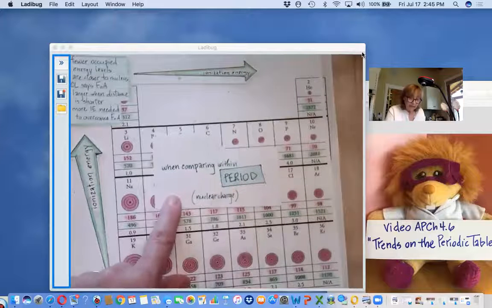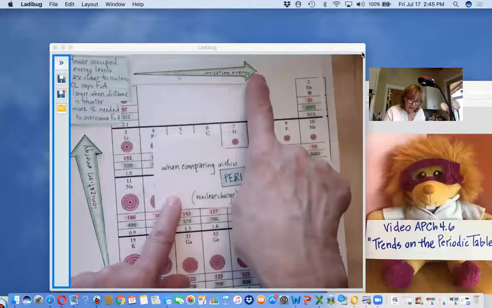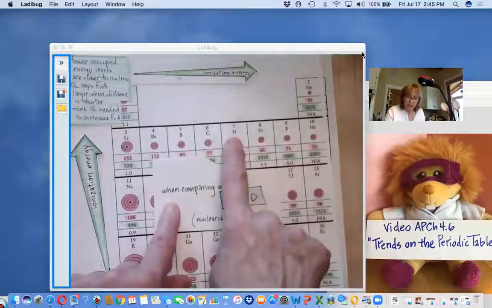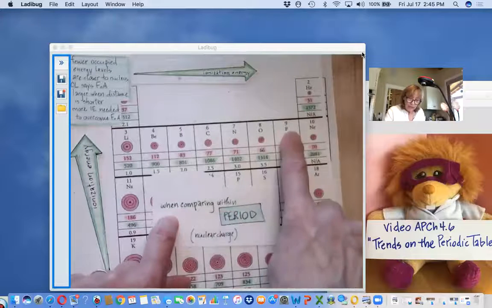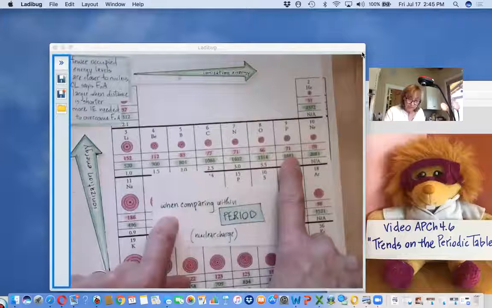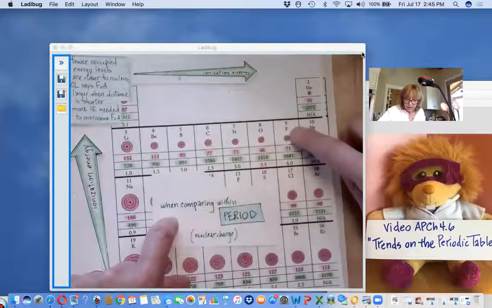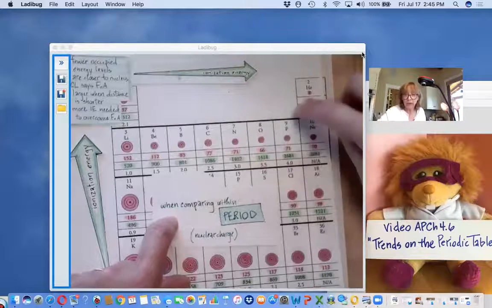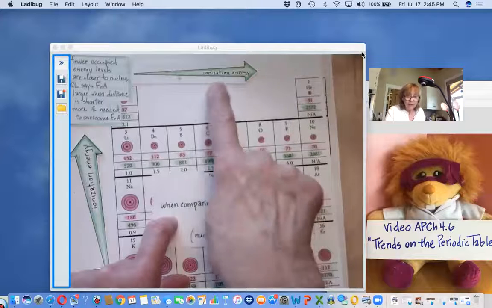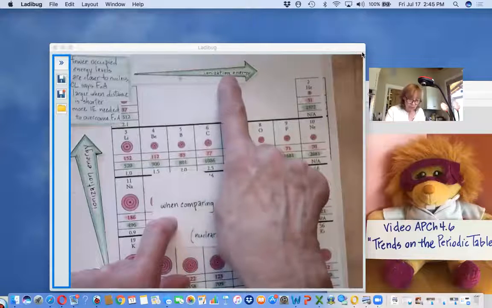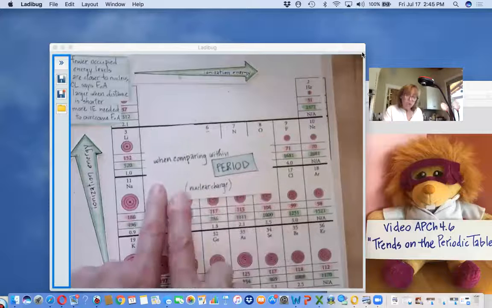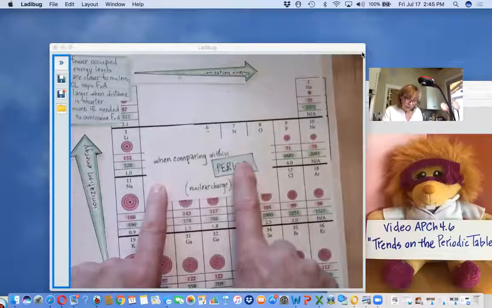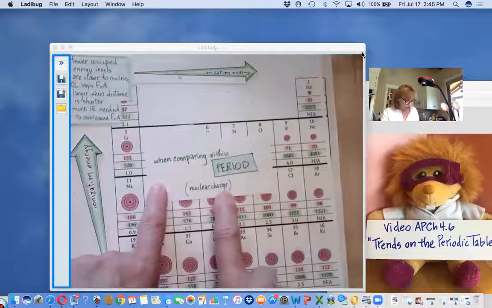It's not enough to simply note the trend. If I said, who's got the stronger ionization energy, fluorine or oxygen? You wouldn't simply say, well, fluorine does because ionization energy increases to the right. That's simply restating the trend, but I want you to be able to explain it. So a comparison within a period is about nuclear charge.